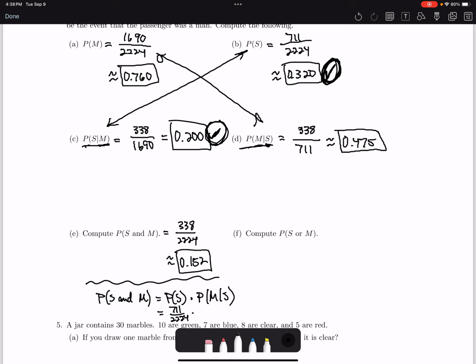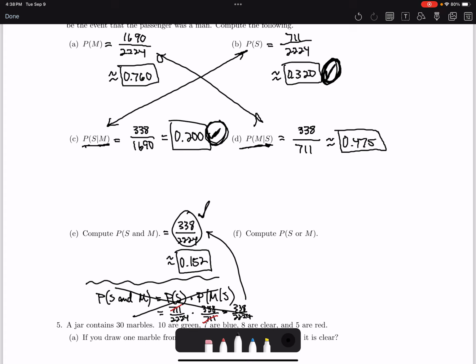And probability of M given S, we said, was 338 out of 711. You can punch that into your calculator as is, but for those of you who are familiar with cross-canceling, you end up with 338 out of 2224, just like we got up here by inspection. But you don't have to do it this way if you don't want, because you can jump straight to the answer just by looking at the chart.